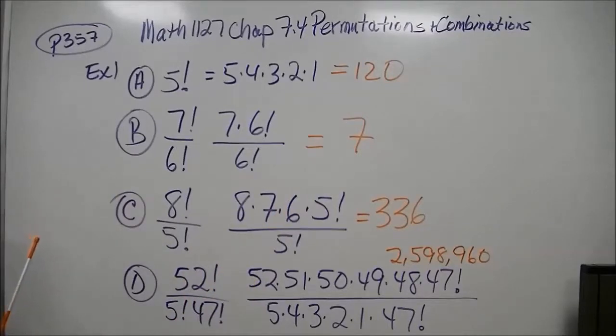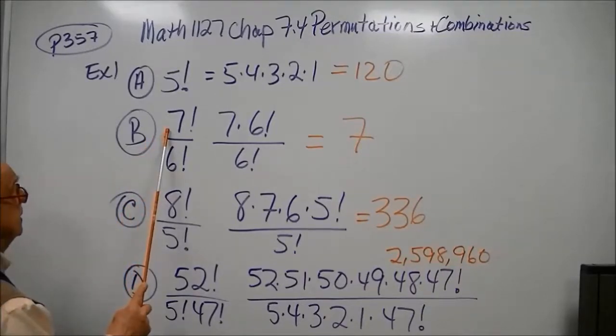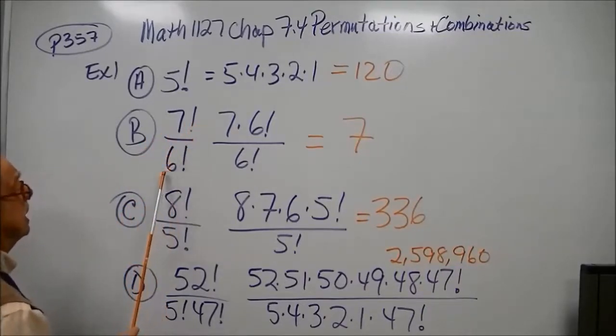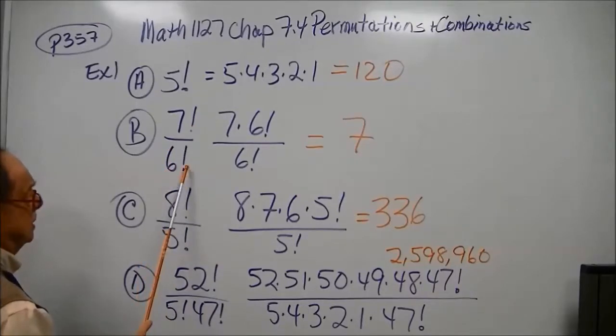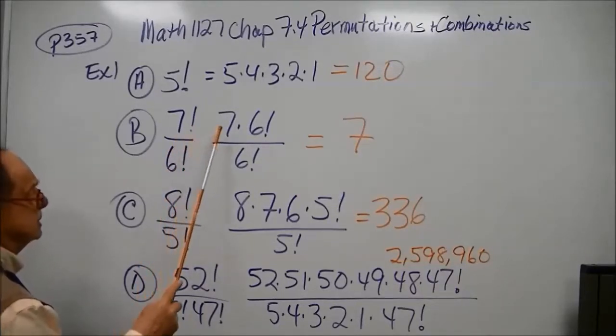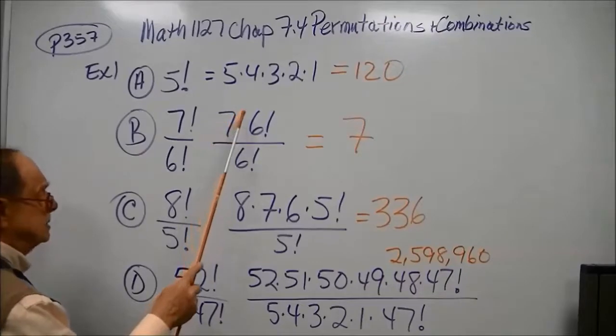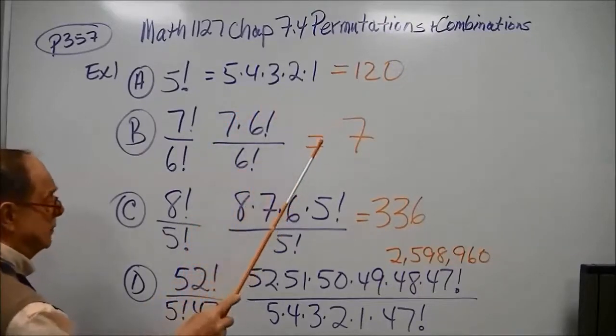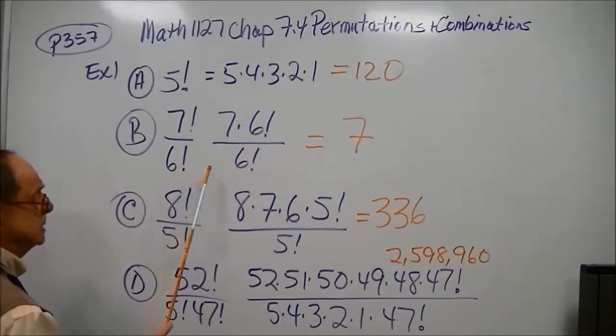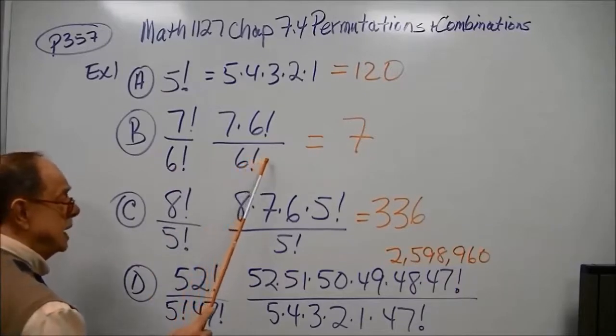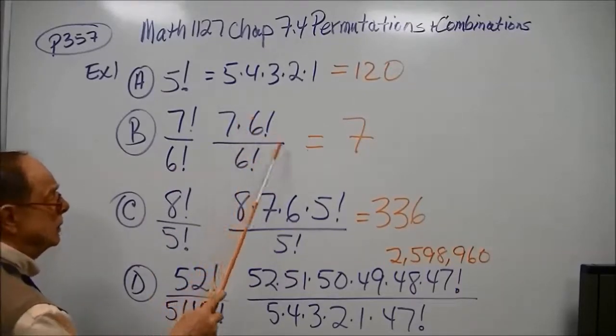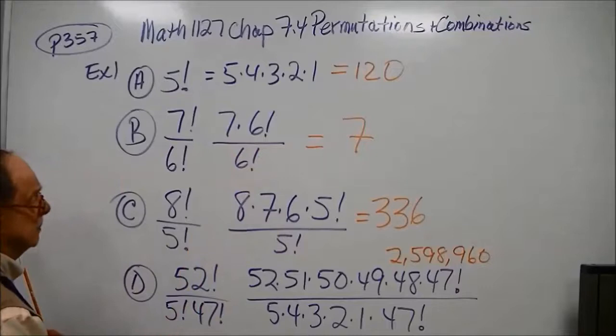Now, what we want to show here is a little bit of strategy as well. For instance, here we have 7 factorial divided by 6 factorial. Well, what does that mean? Well, it's 7 times 6 times 5 times, and so forth. But 6 factorial is 6 times 5, and so on, and then wait a minute, all of these would cancel out.